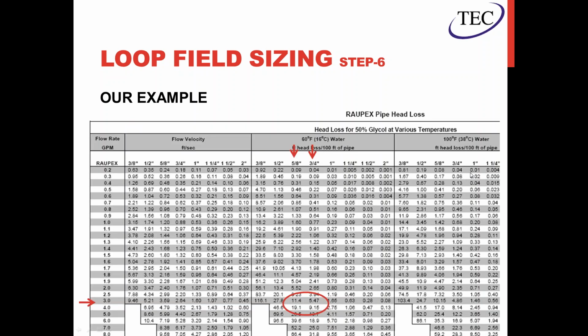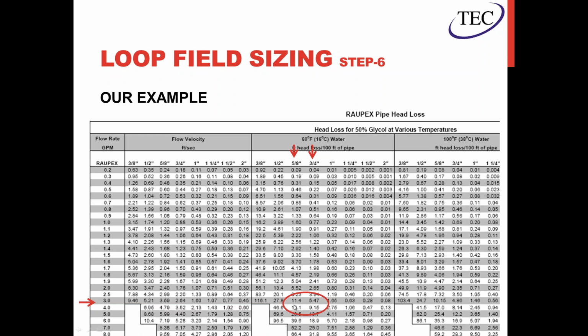So if we go back to our head loss charts, at 3.6 GPM the 5/8 inch will be closer to 16, 18 feet of head loss per 100 feet of pipe, which is pretty high.